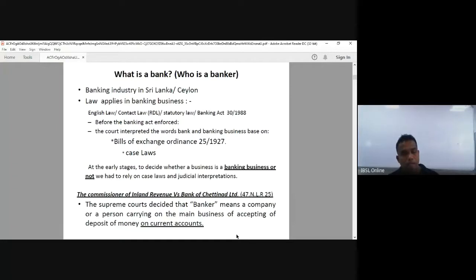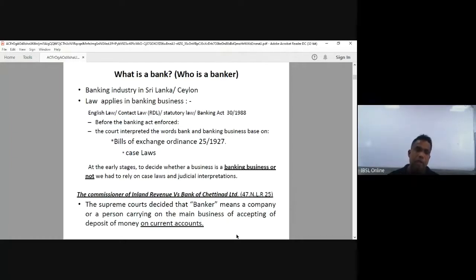However, none of these laws, Sinhalese law, Thesavalamai law, that is Tamil law, or even Roman Dutch law introduced by the Dutch people, catered to the banking industry, because the banking industry was a new thing to the country.